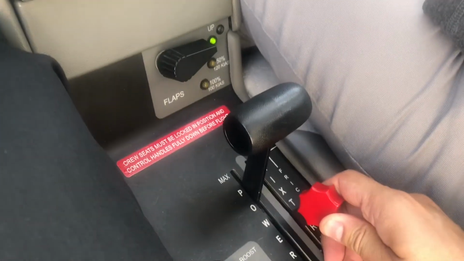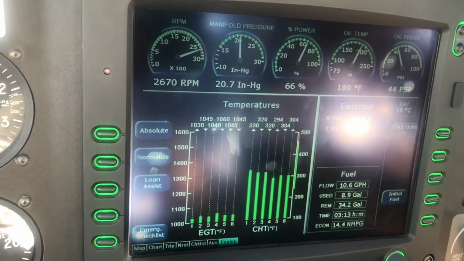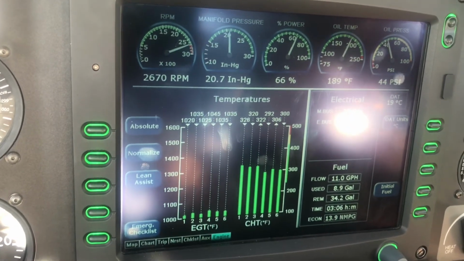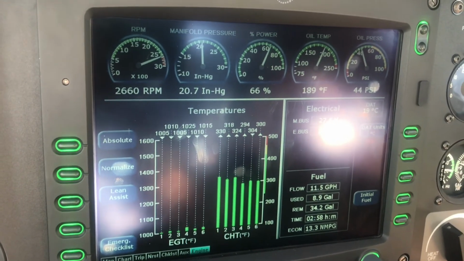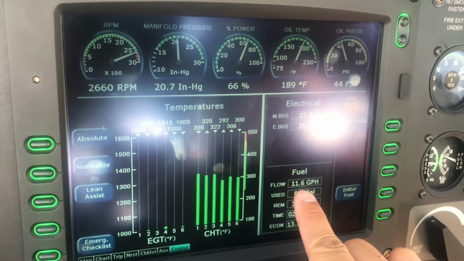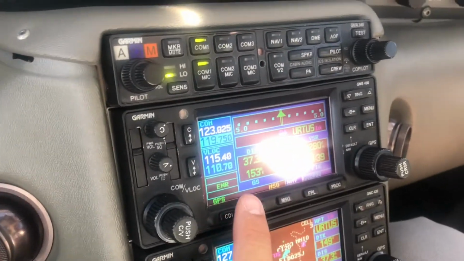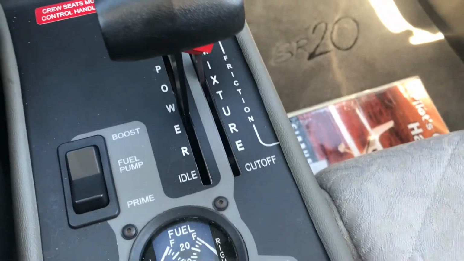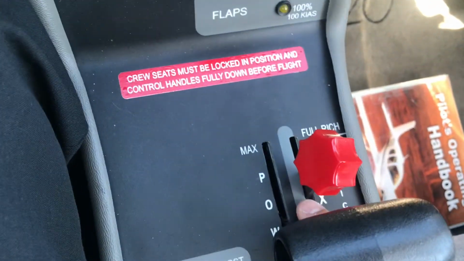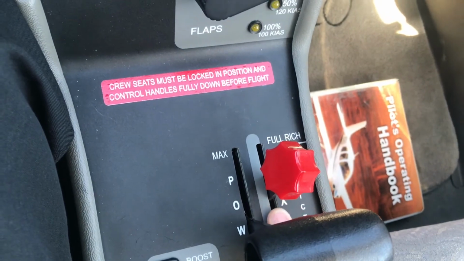If we go to the rich of peak side of the power, which is gonna be somewhere right there, we're gonna have more fuel consumption, more available power, and the speed is going to increase a little bit more. Now, because, you know, sometimes we cheat, you can remember where that mixture knob is going to be.